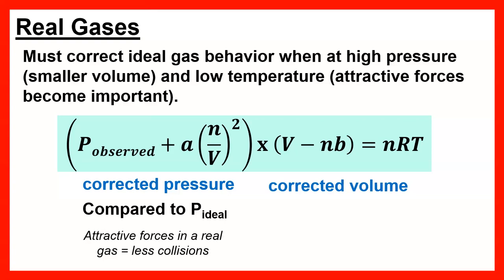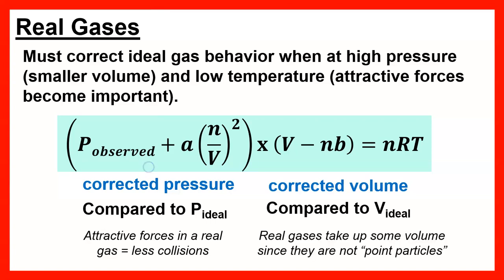Then you'll have less collisions. And then your volume needs to be corrected by taking out how much space those particles themselves are occupying. And that is how we can correct our ideal gas law equation.